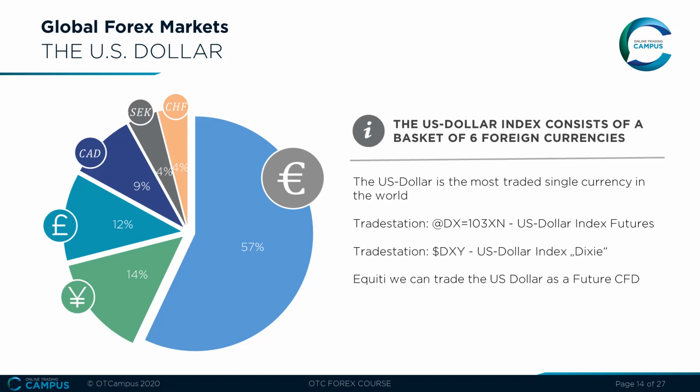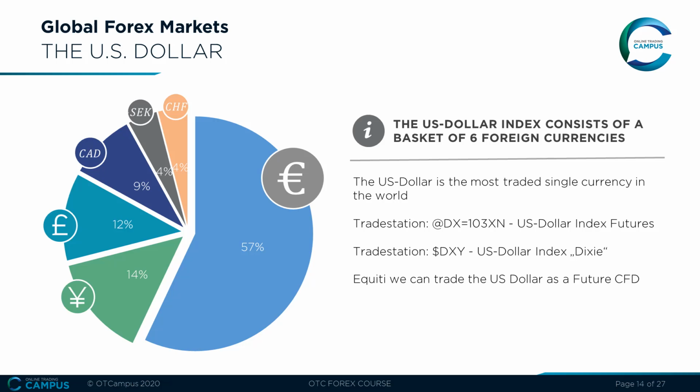When I'm on equity, I will look at the US dollar future CFD, meaning when we want to trade the US dollar, we have to know the rollover, expiry, and future specification of the contract to be able to trade the US dollar on its own. And while this is part of the futures course, we will also spend a little bit of time on that once we cover CFDs and future CFDs later on down the road during this Forex course.